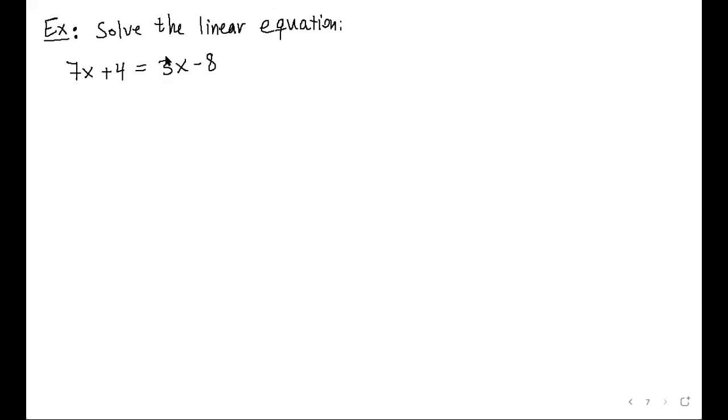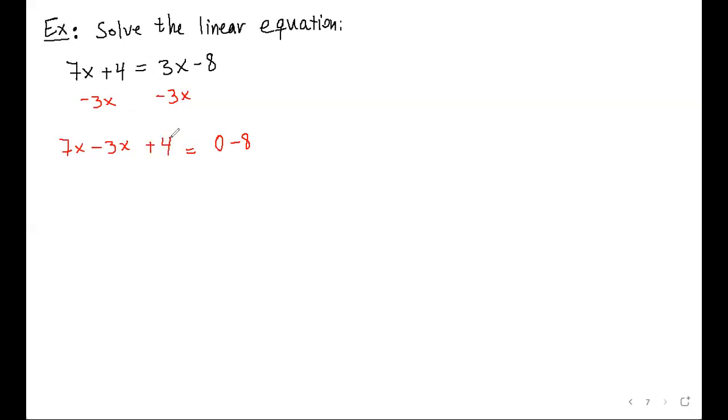Subtract it. So subtract 3x from this side, subtract 3x from this side. Now what do I get? 7x minus 3x plus 4. Now subtracting this, we cancel it. 3x minus 3x is 0, so it will give me 0 minus 8.